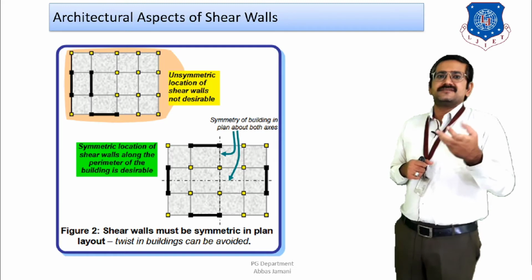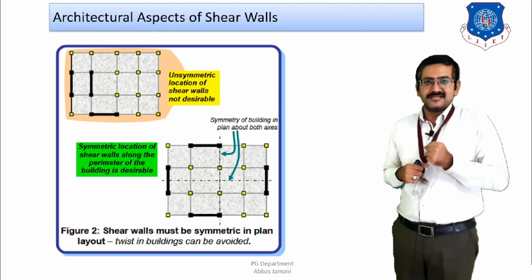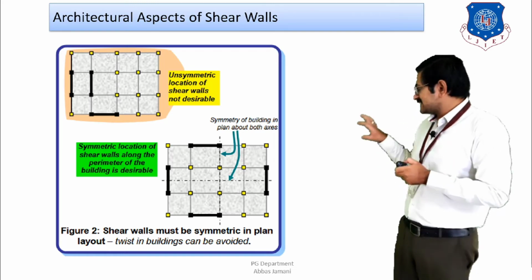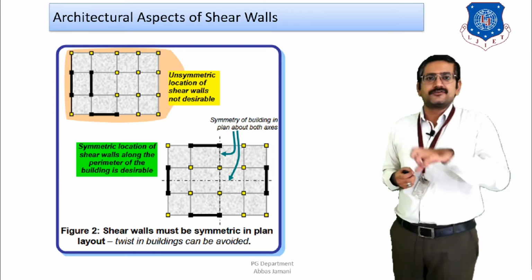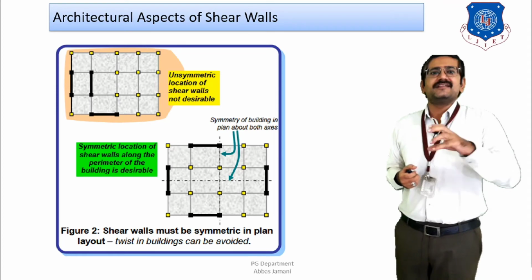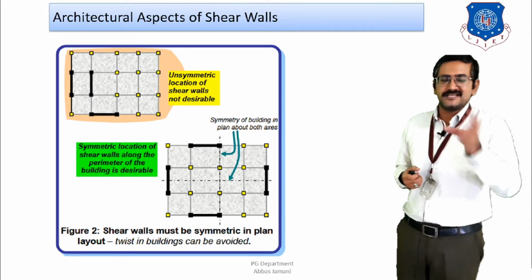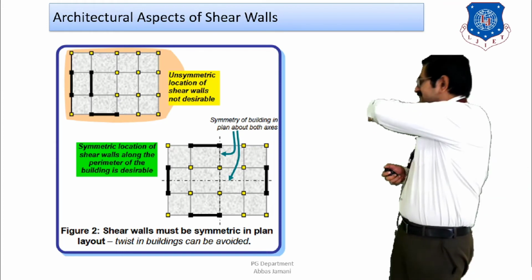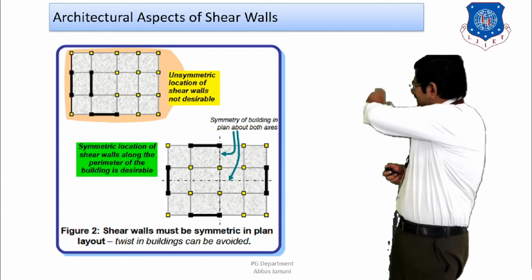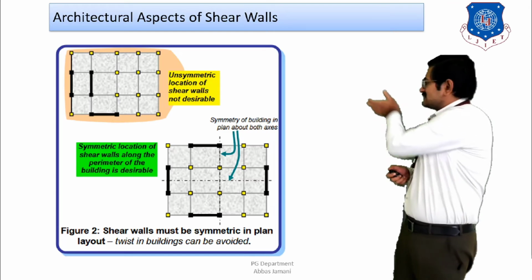However, sometimes we see that there are lift cores in the buildings, and these lift cores are located at the center of the floor. So if you use the walls around the lift core as RCC walls or shear walls, then the stiffness will be available, but whenever forces are applied, the plan is going to rotate about a particular axis, either the x-axis or the y-axis.